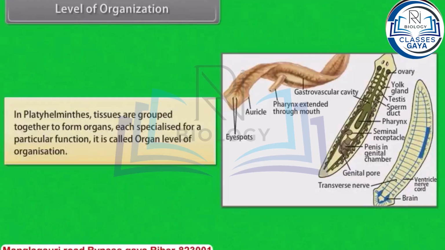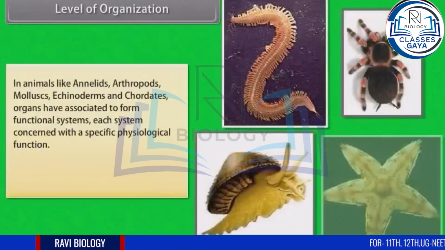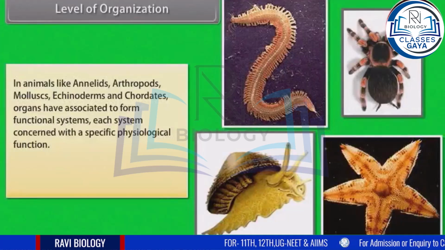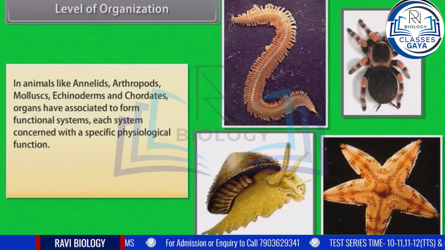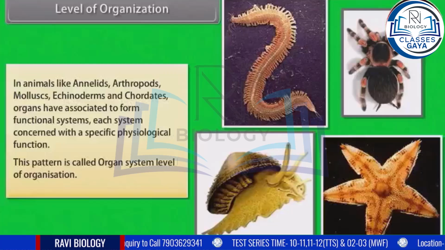It is called organ level of organization. In animals like annelids, arthropods, mollusks, echinoderms and chordates, organs have associated to form functional systems. Each system is concerned with a specific physiological function. This pattern is called organ system level of organization.